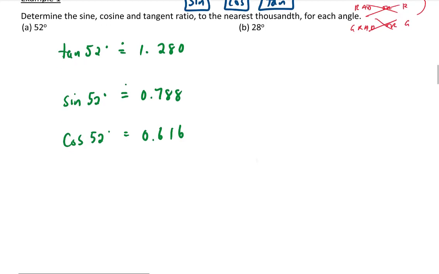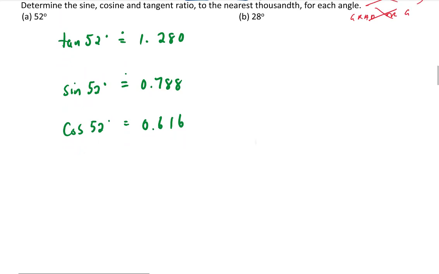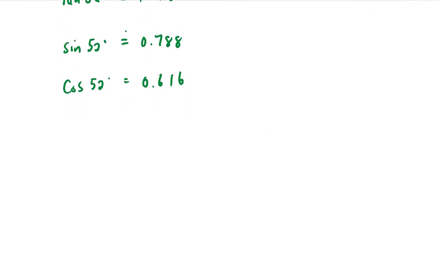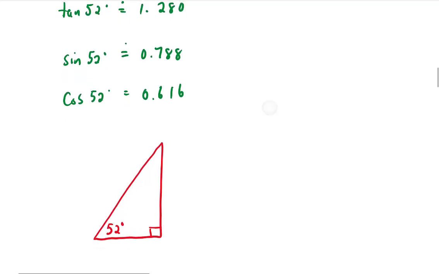What does this all mean? So this is saying that you have a triangle with a 52 degree angle in it. So let's draw a triangle. And we're focused on a 52 degree angle. So let's start with the sine. The sine of 52 says 0.788, which is 0.788 over 1.